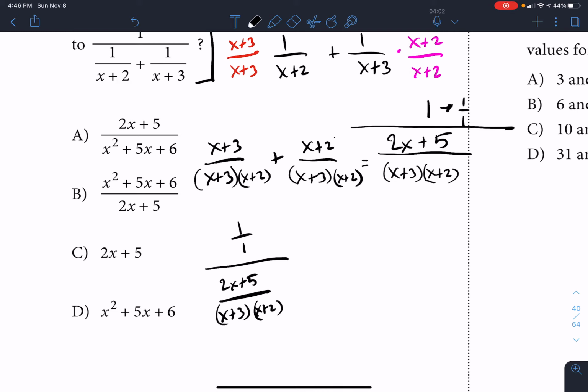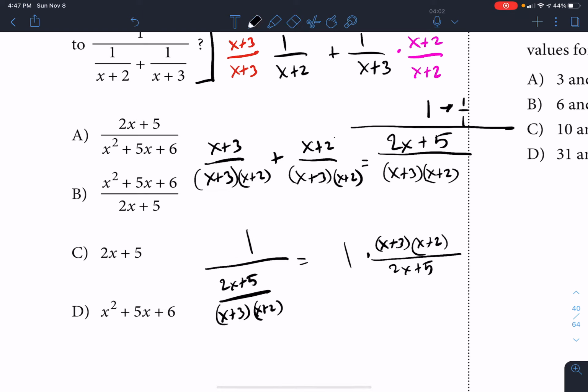It's because when we divide fractions, it's like saying we're multiplying by the inverse. So we can multiply by the reciprocal. So this is the same thing as 1 over 1 times the reciprocal of the bottom, x plus 3, x plus 2 over 2x plus 5.